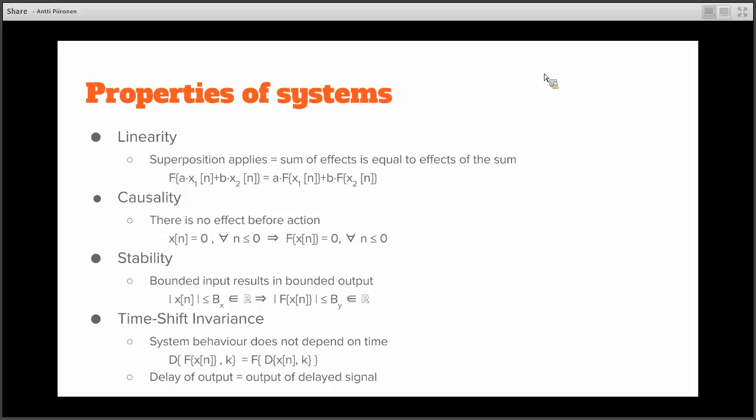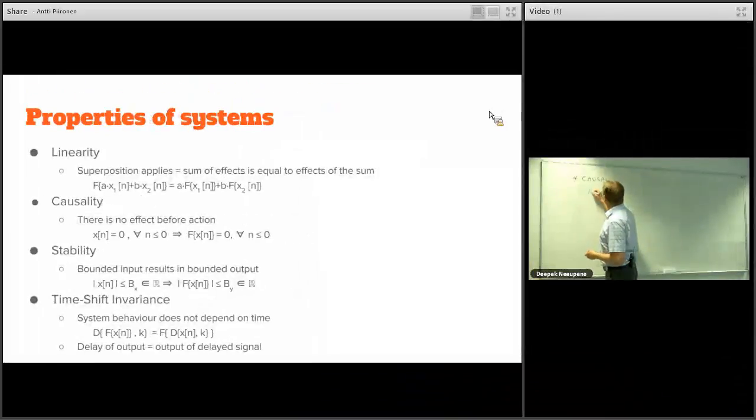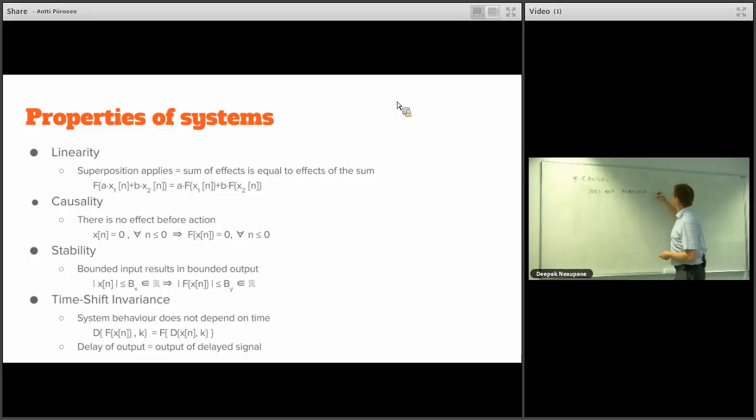Okay, so it means that it does not forecast. And another one, actually, is that the effect of a signal starts at the same time as the signal or later.